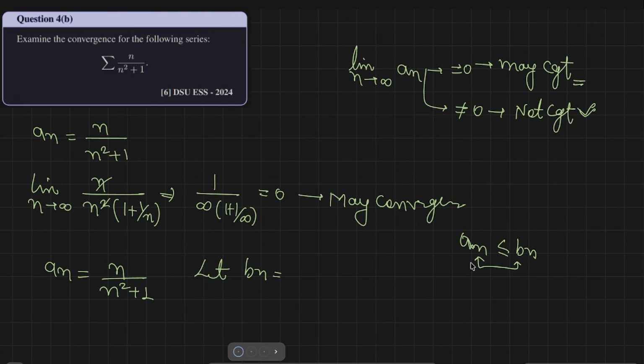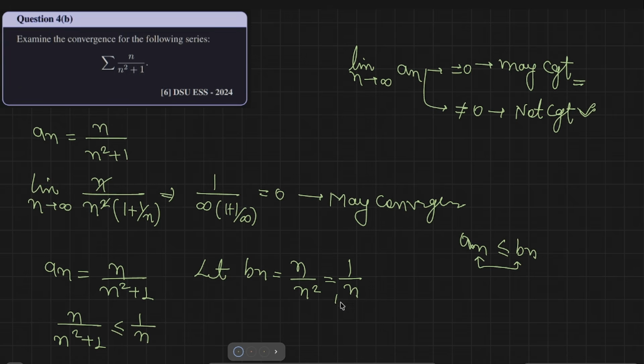So from here, remove the constants. So this will be n upon n square. It means your bn is going to be 1 by n. Every time n upon n square plus 1 will be less than or equal to 1 by n. You can check.